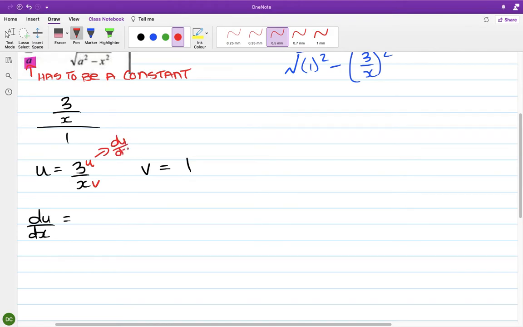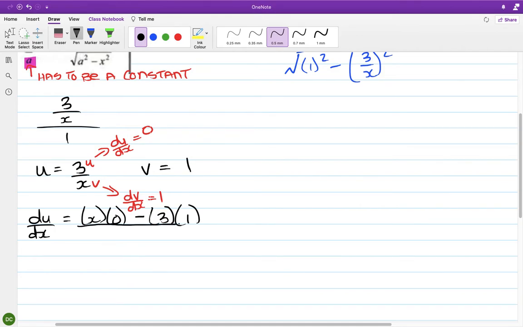So du dx, if u is 3, is 0, and dv dx, if v is x, is 1. Yeah? Okay, so it's v, which is x, du dx, which is 0, minus u, which is 3, dv dx is 1, over v squared, which is x squared, so it's minus 3 over x squared.